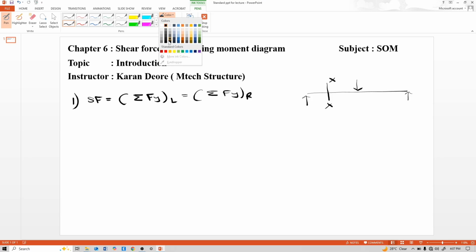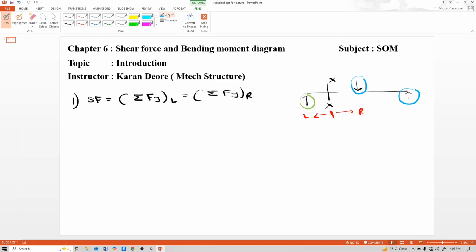So see from that section, this is right side and this is left side, and in left side there is only one force and in right side there are two forces.